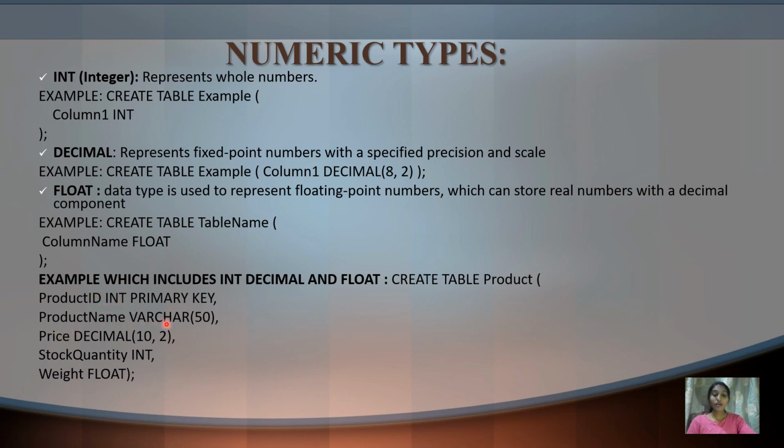Product name is varchar, and price is a fixed point number here, so we give a data type called decimal, which has a fixed value. Stock quantity is nothing but values in whole number form, so we specify it with integer. And the weight, which can be in the form of a decimal, we specify with the data type called float.